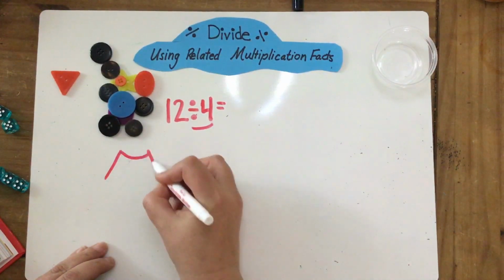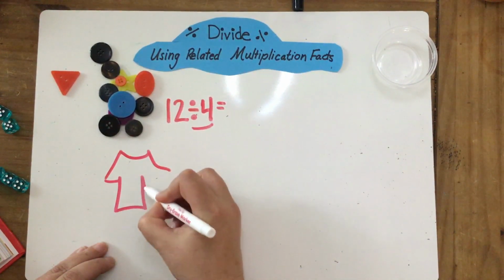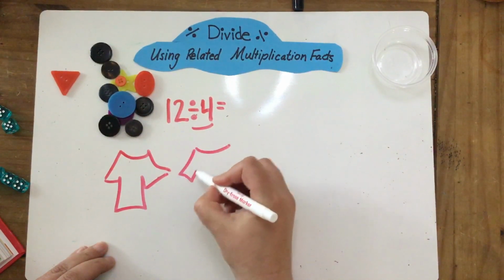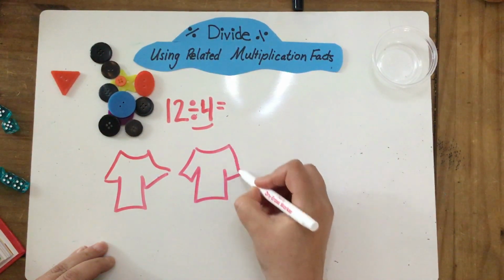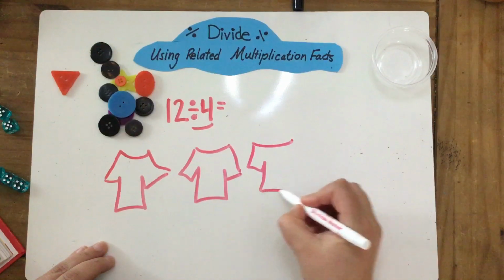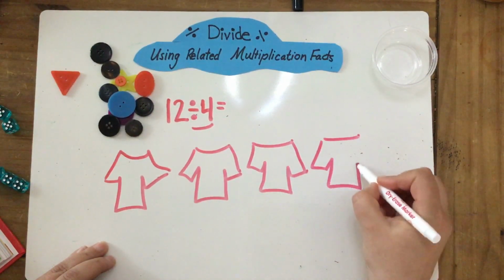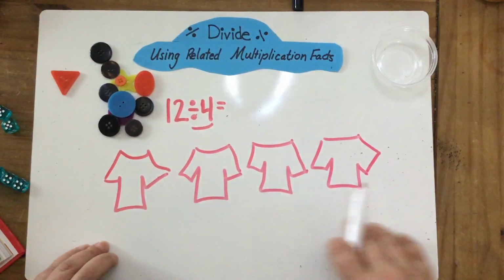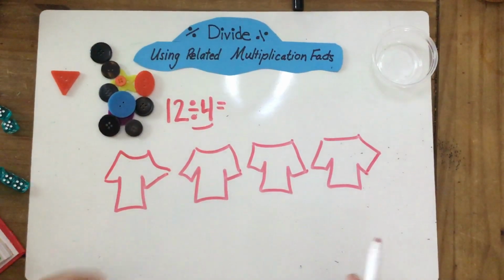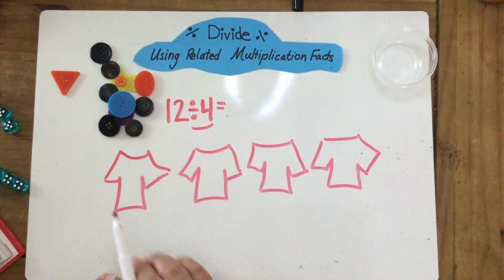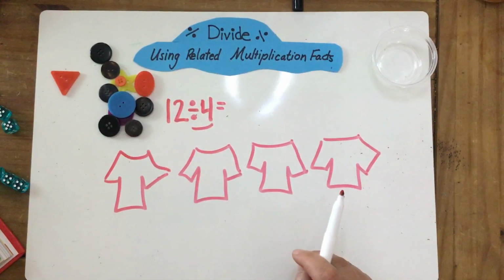So I'm going to draw 4 shirts. Anytime you sketch in math, it's a quick sketch. It doesn't have to be perfect. It's just to help our math thinking. Nice. So I have 4 shirts, and I'm dividing my 12 buttons equally among the 4 shirts.